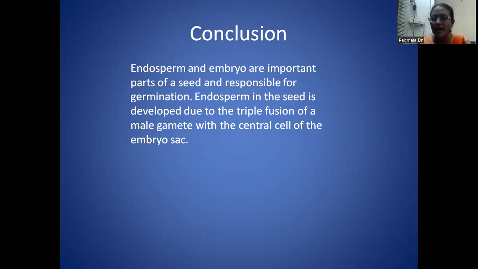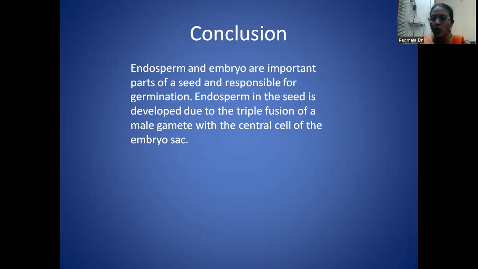If the seed does not have a quality embryo, it may not lead to seedlings or a good crop, so there won't be any yield. The seeds may lose viability. So a good quality embryo is needed, and this embryo has to divide and give rise to the seedling.